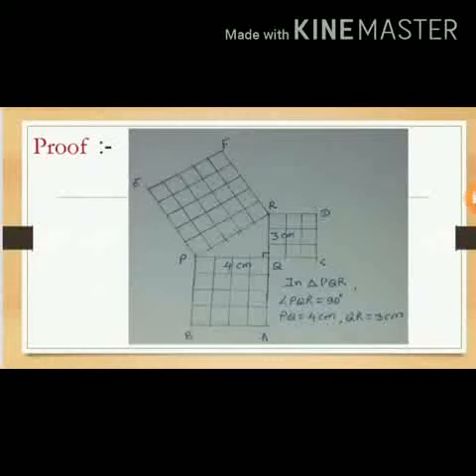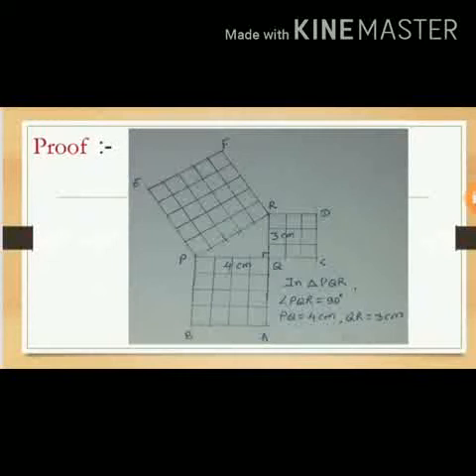The side PQ is equal to 4 centimeters. Divide each side of the square drawn on side PQ into 4 equal parts. Similarly, the side QR is equal to 3 centimeters. Therefore, divide each side of the square into 3 equal parts. Now, we get the length of each part of sides PQ and QR equal. Taking the same distance, divide each side of the square drawn on the hypotenuse.